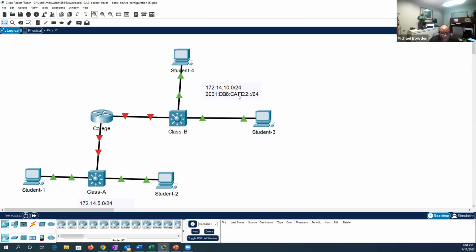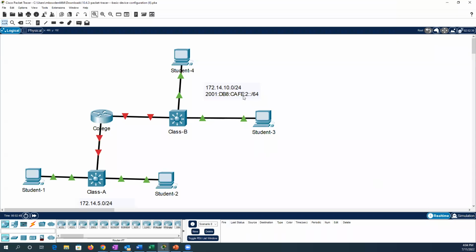And then you have the CAFE:2. And these colons here represent the consecutive zeros. It may be like 0000:0000, so instead of writing all those zeros, that's where the double colon comes in. Everything else, the leading zeros are dropped off, deleting zeros.